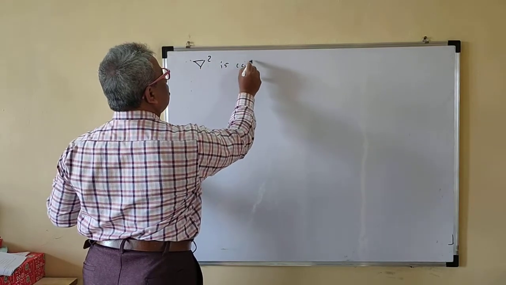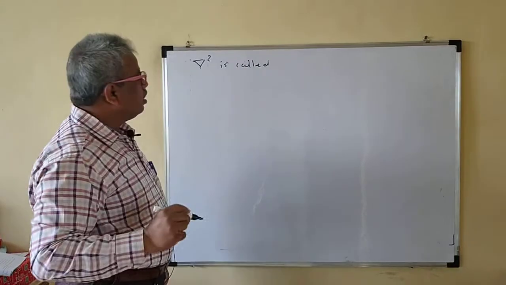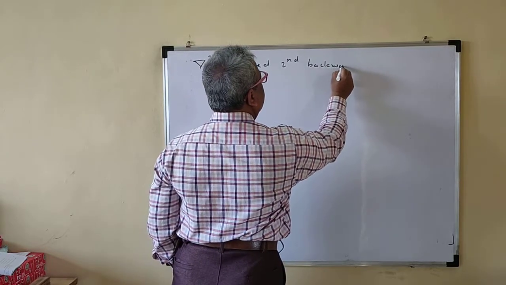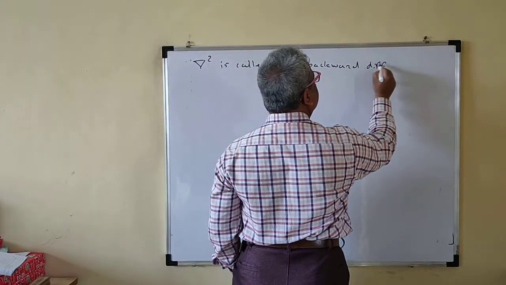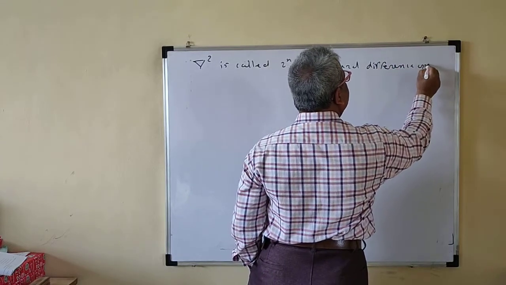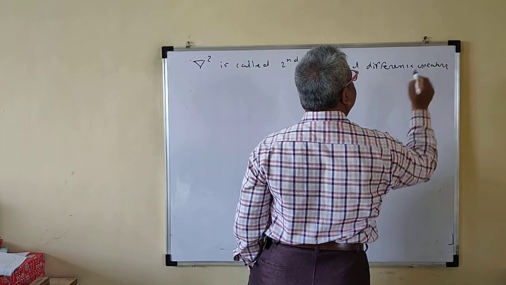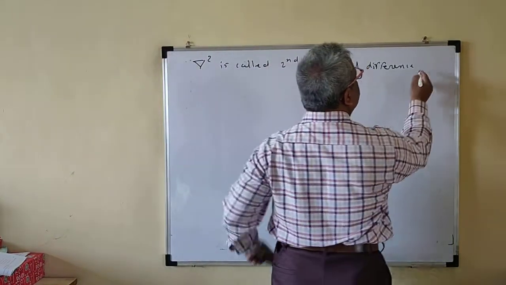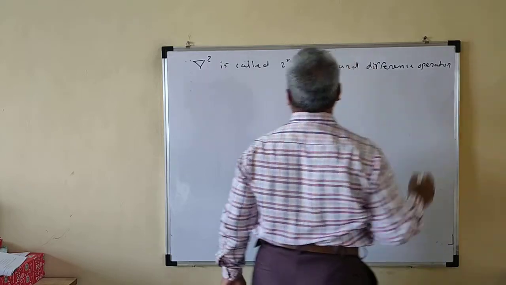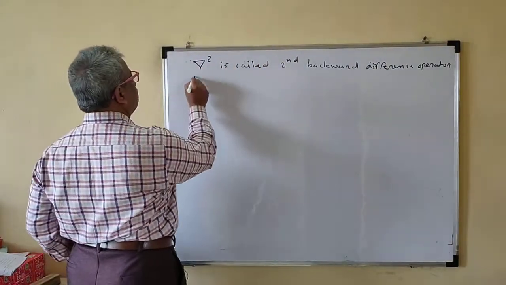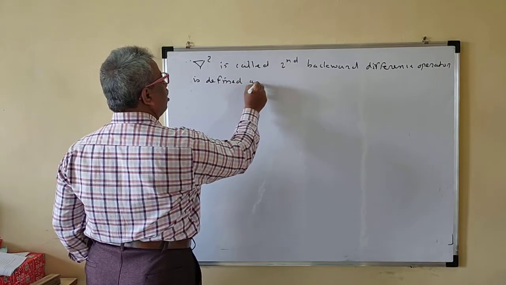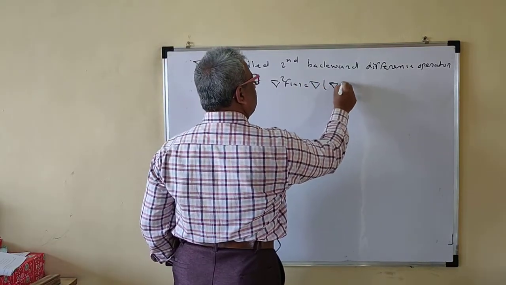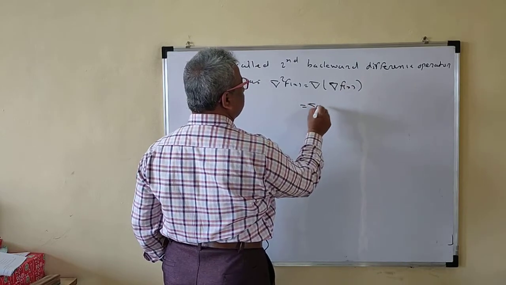Nabla square is called the second backward difference operator, and it is defined as nabla square f of x equals nabla of nabla f of x. How can we simplify this?